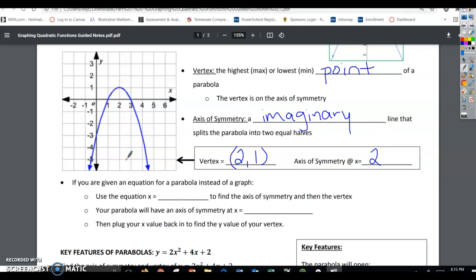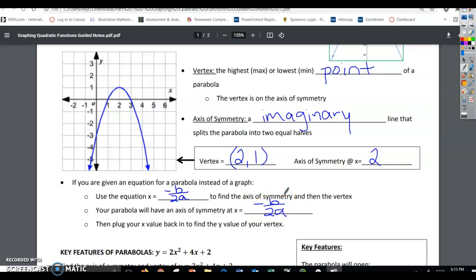All right, if you are given an equation for a parabola instead of a graph, use the equation x equals negative b over 2a to find the axis of symmetry and then the vertex. Your parabola will have an axis of symmetry at x equals negative b over 2a.